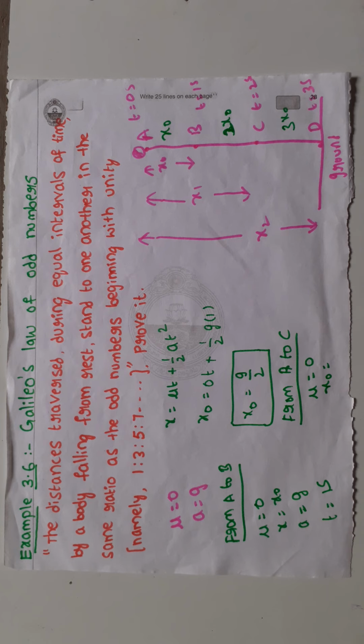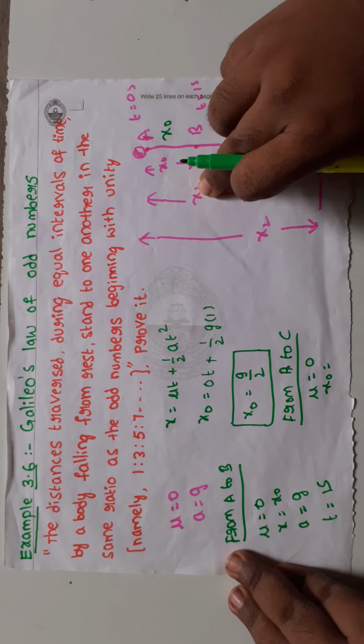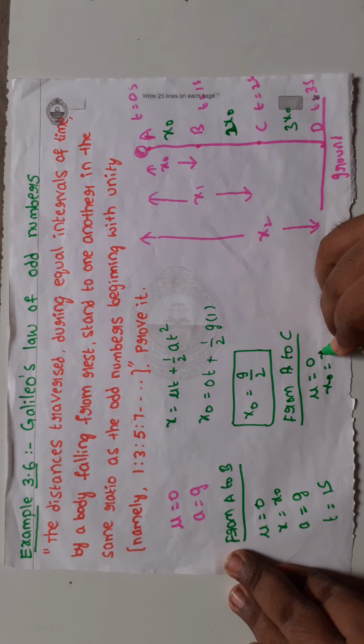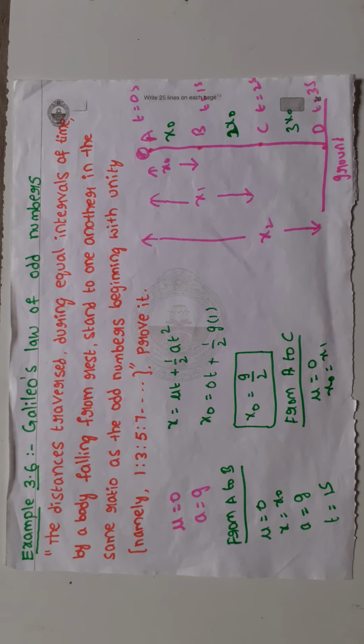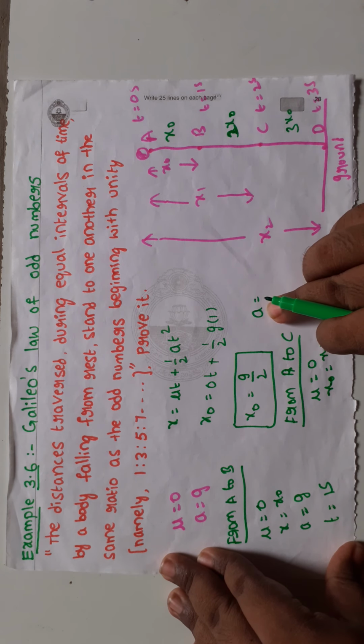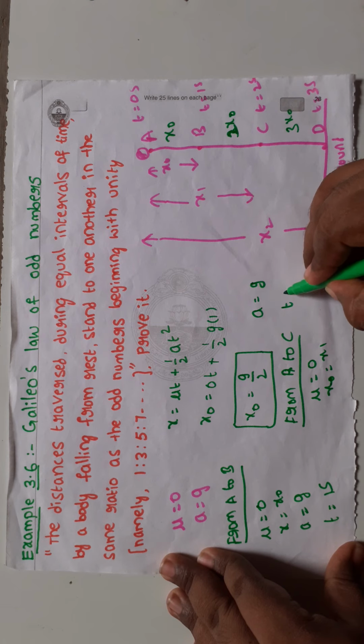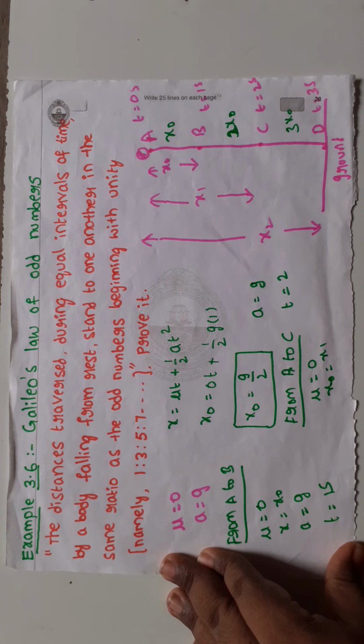Displacement from A to C is x equal to x1. Next, acceleration due to gravity a equals g. Next, time equals 2 seconds.